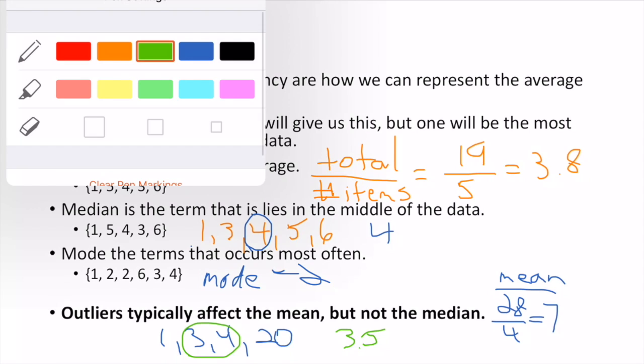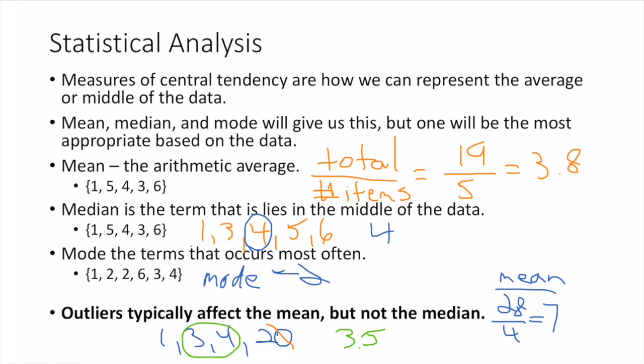If I look at the same set of data and eliminate the outlier, now my mean is 8 over 3, which is 2.6.